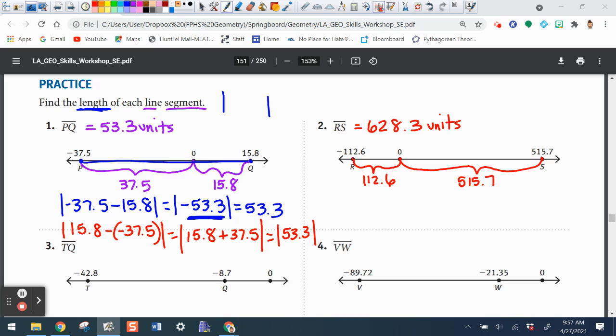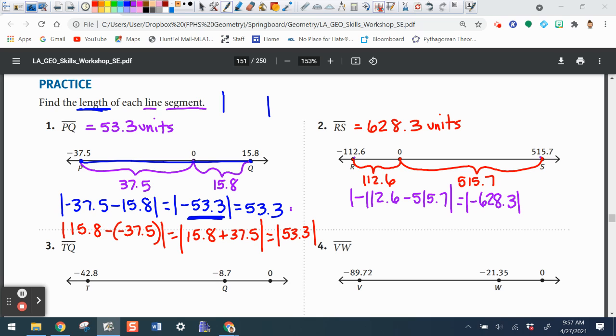Again, just for those that like the absolute value, and it does have its merit, especially in the distance formula, we're going to do it the same way as we did on method 2. So the distance from R to S, we're going to take the absolute value of negative 112.6 minus 515.7. Negative 112.6 minus 515.7 is negative 628.3.